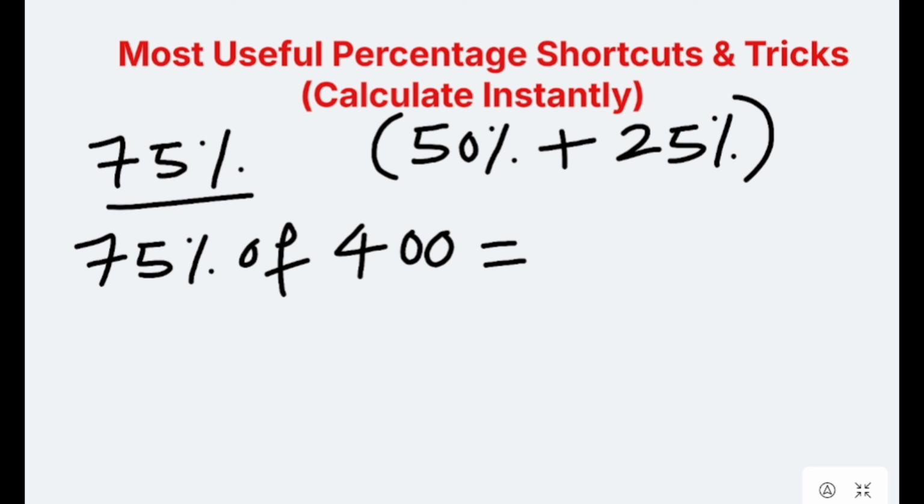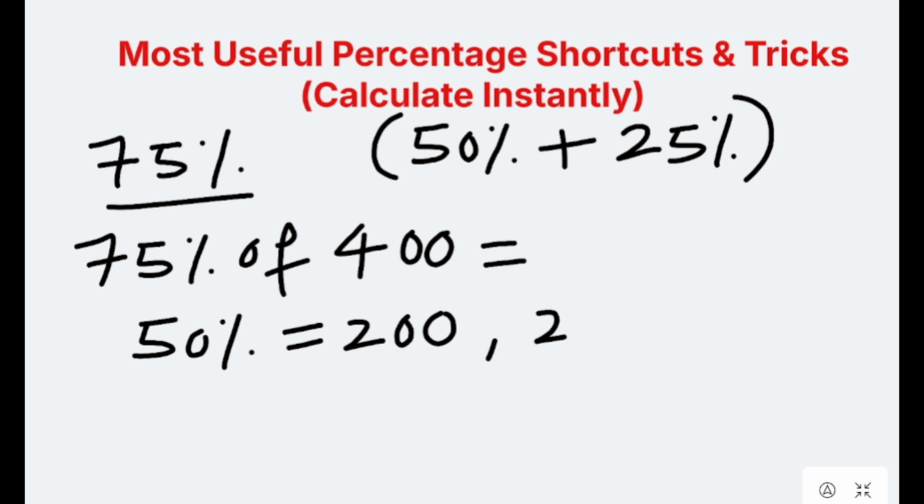How do you find 50%? You just have seen the trick. Finding 50% is just divide by 2. So first let's find what is 50% of 400. Just divide by 2. That's going to be 200, right? Next is find 25%. What is 25% of the number 400? 25% is just divide by 4.